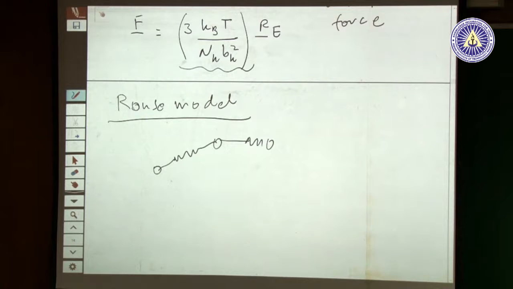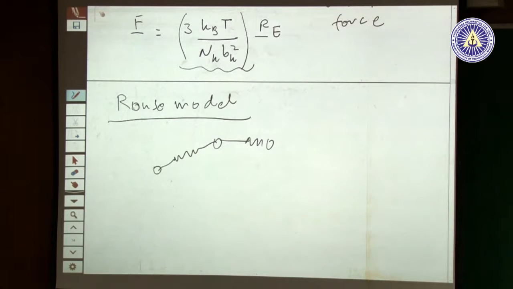When you have a spring, compressing it or extending it is equal and opposite, but here intuitively it's not obvious why. But the expression says it's the same, whether you decrease the end-to-end vector or you increase it. You could decrease and still lose the number of states that you have.